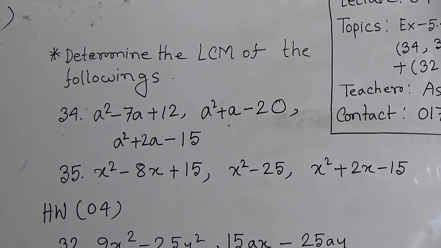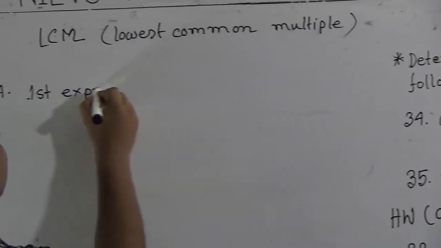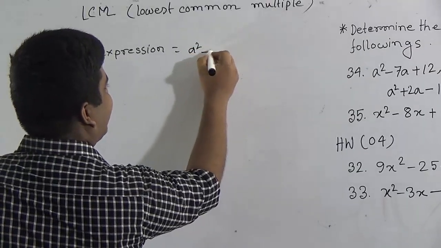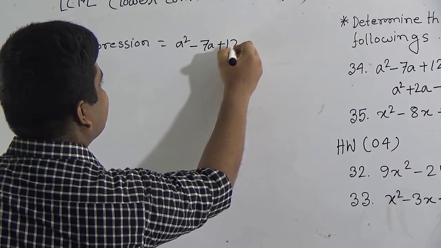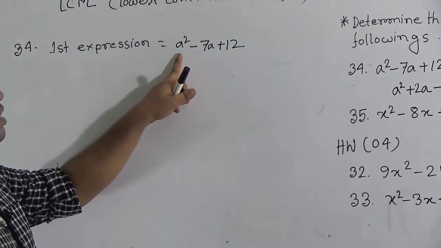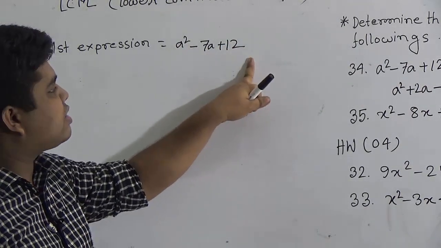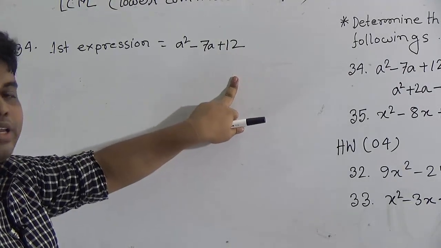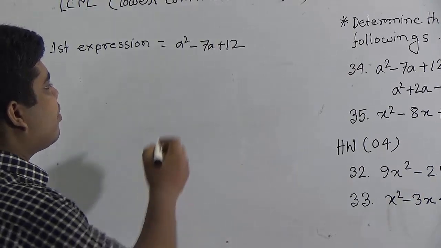First expression: a square minus 7a plus 12. My dear students, notice a square minus 7a plus 12. Here we apply the process of middle term break.